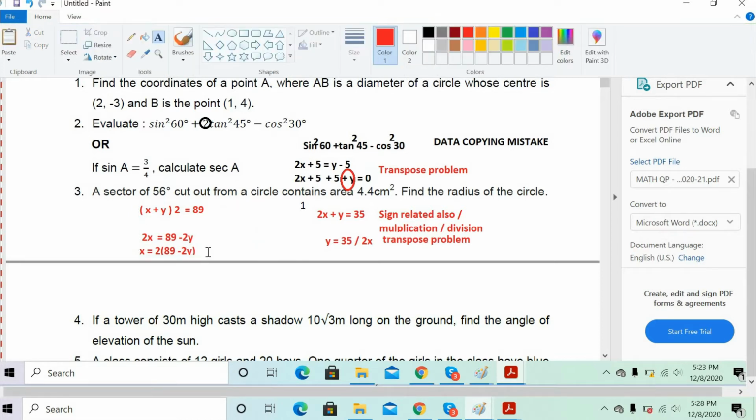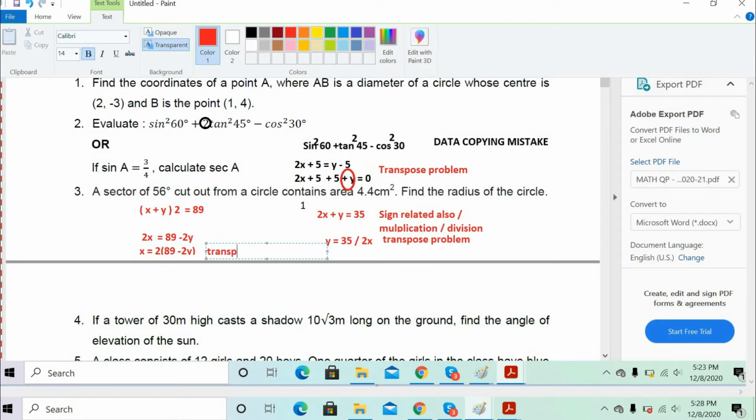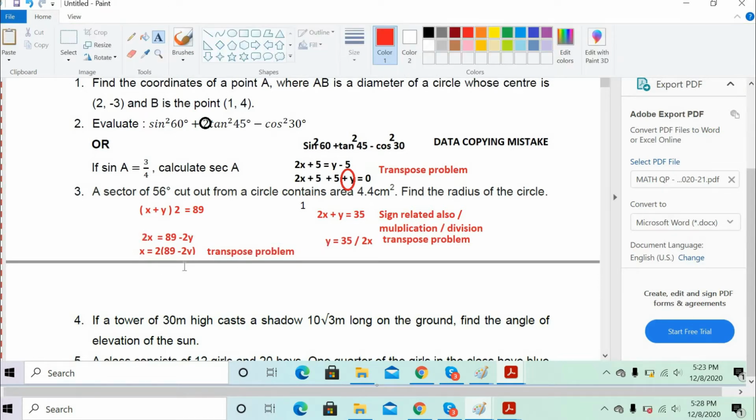This kind of mistake is again the transpose problem, because anything multiplied here should go across as a division. So this becomes a problem here.